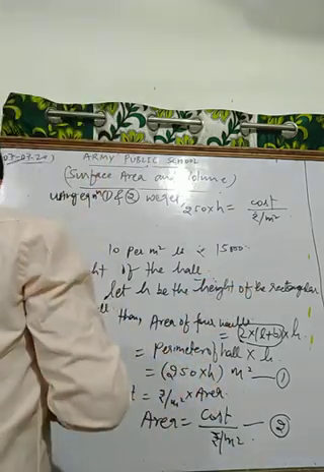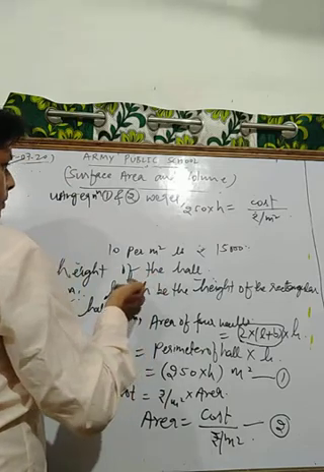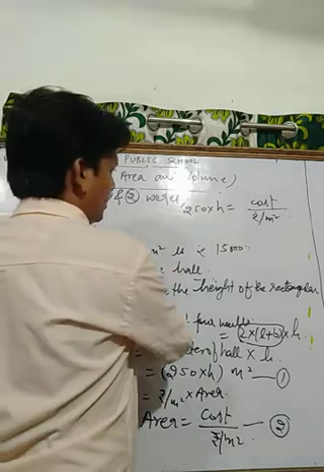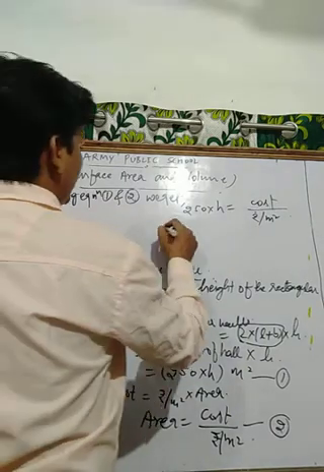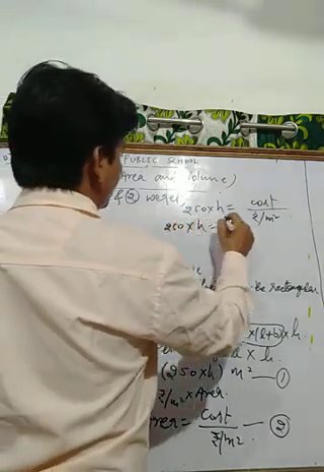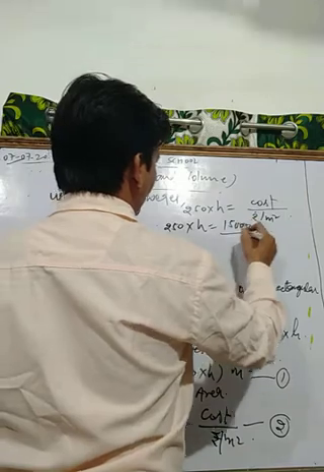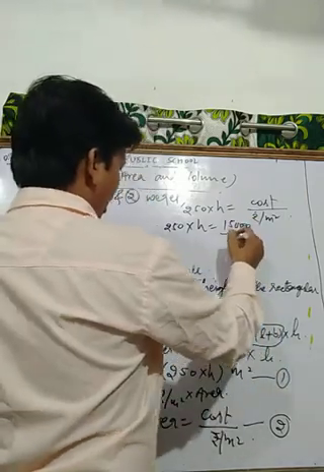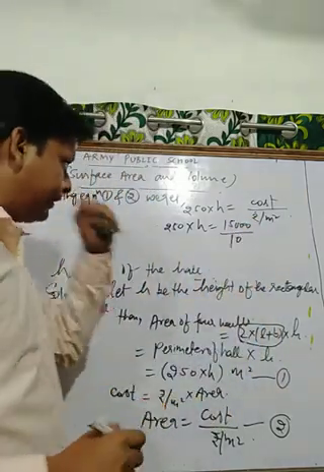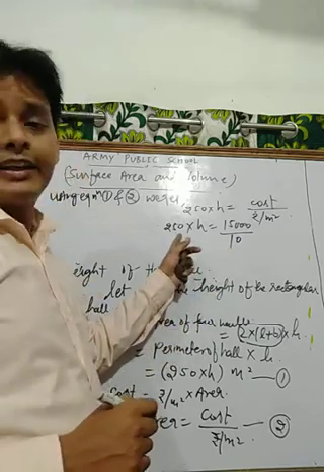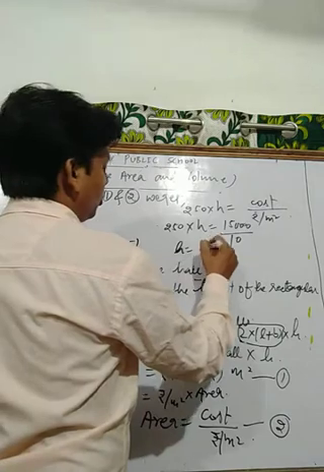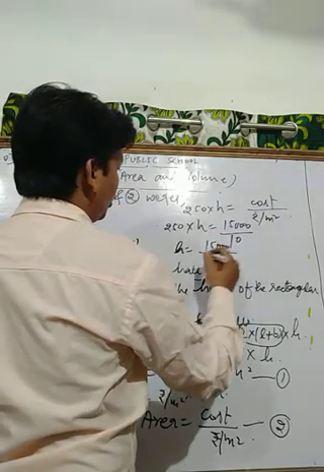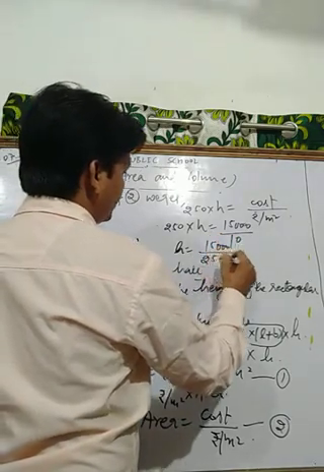So 250 into h is equal to 15,000 upon per meter square, that is 10. Then I get h is equal to 15,000 upon 2500.